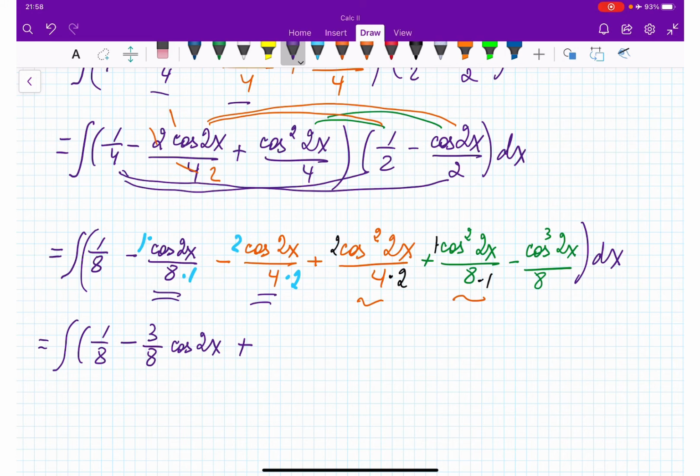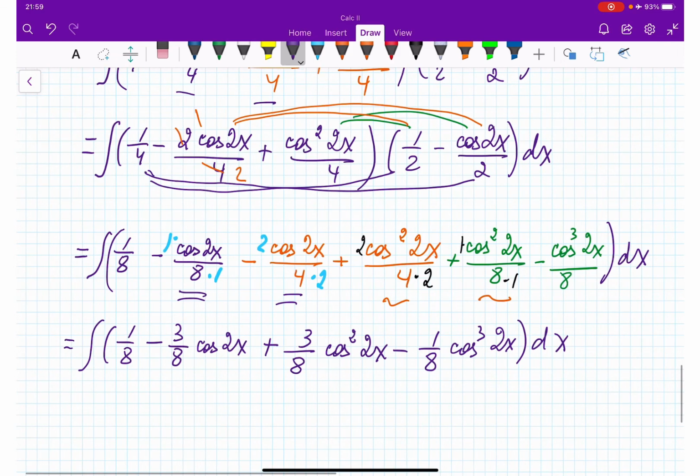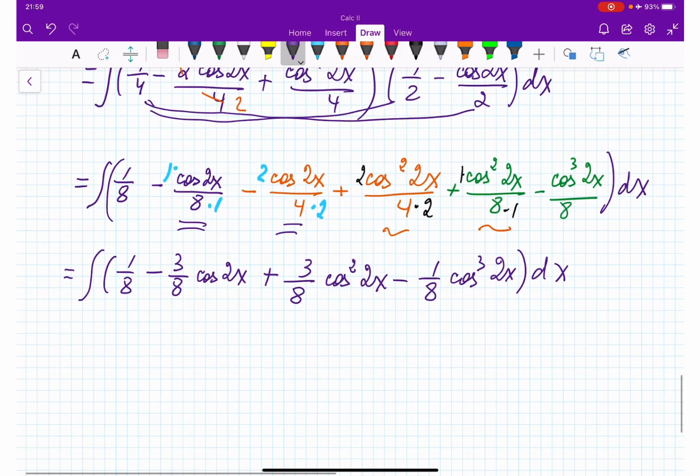It's going to be 3 over 8 cosine square 2x and minus 1 over 8 cosine cubed 2x dx, right? Now we are going to separate them.